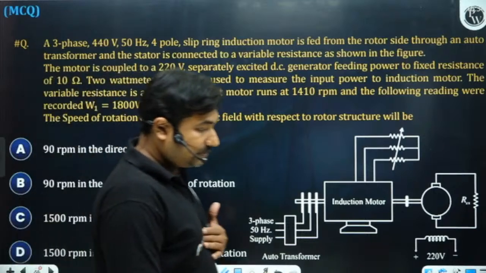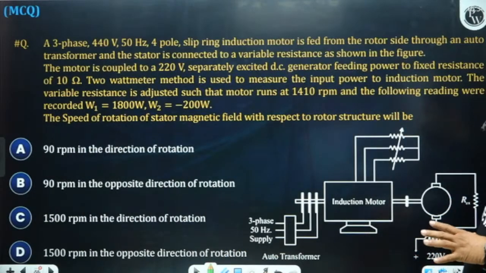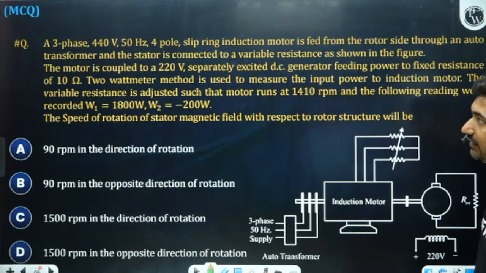Great question. Please observe this one. This question has two parts. A three-phase 440 volt 50 hertz 4-pole slip ring induction motor is fed from the rotor side through an auto transformer, and the stator is connected to a variable resistance as shown in the figure. The motor is coupled to a 220 volt separately excited DC generator feeding power to a fixed resistor of 10 ohm.